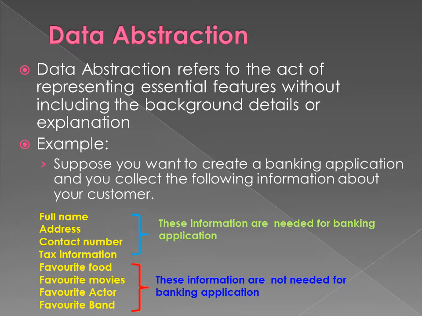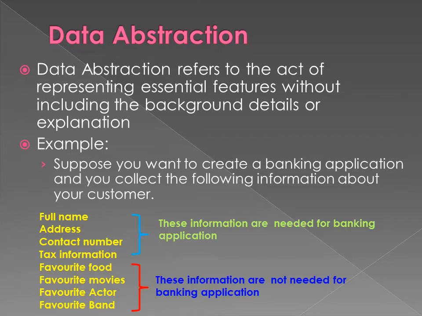Now, let us look at the example given. Suppose you want to create a banking application, and so you will be collecting information about the customer. The customer will give you the following information, that is name, address, birth date, contact number, favorite food, favorite movies, favorite actors, etc. But all the information given by him is not required for the banking application.